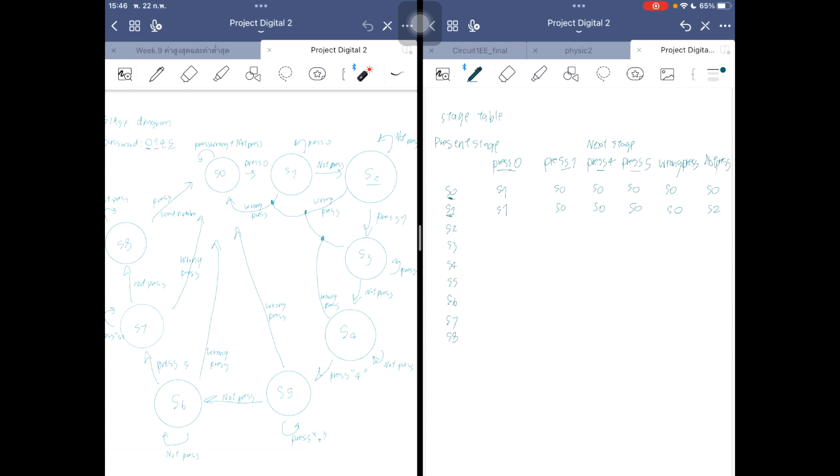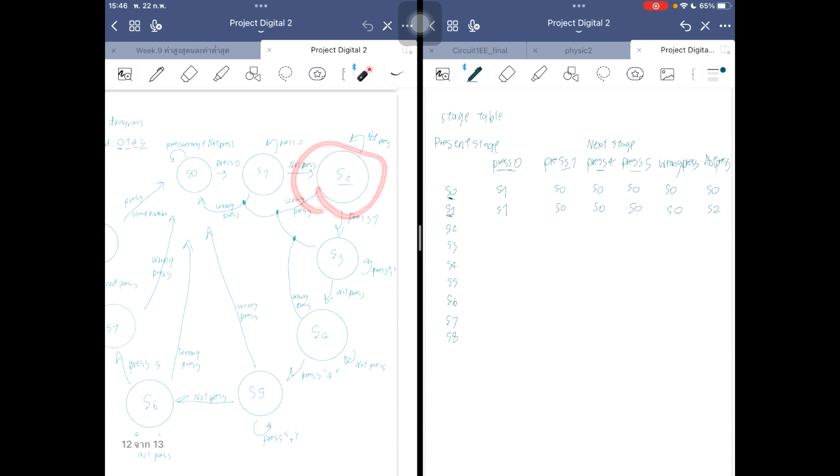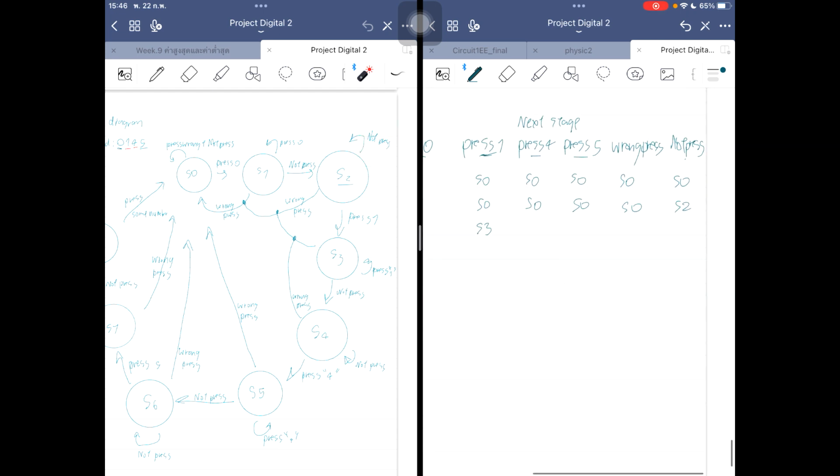Go to state 2. In state 2, when I press 1, it will go to state 3 immediately. Then look at state 2 and go to input press 1, then write state 3 in here. Then another condition is when you do not press or don't do anything, it will stay in state 2.